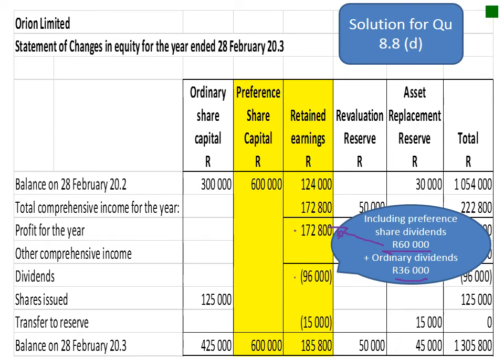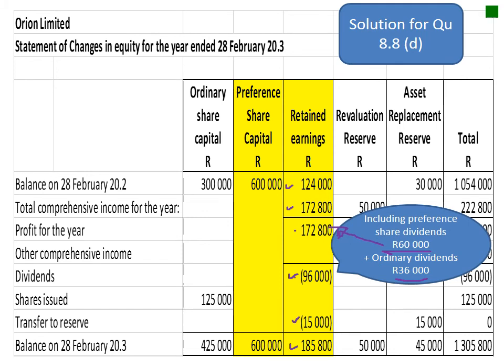It's an appropriation of profit. So we started off with retained earnings at the beginning of the year. We added the profits for the year, and then we take away the dividends that are paid to ordinary and preference shareholders. And then finally, there was a transfer to the asset replacement reserve that gives us the closing balance on retained earnings of 185,800.